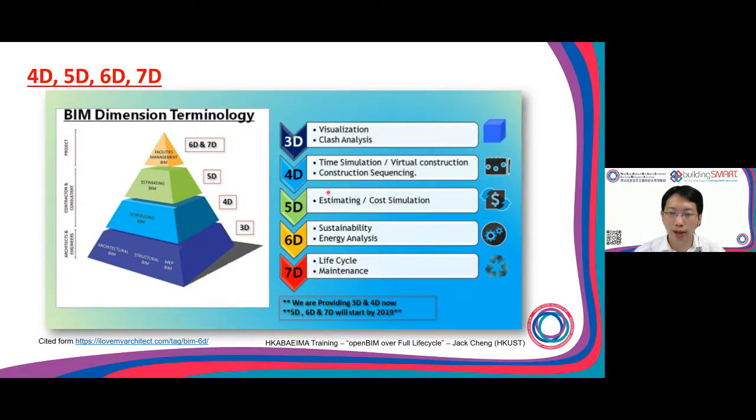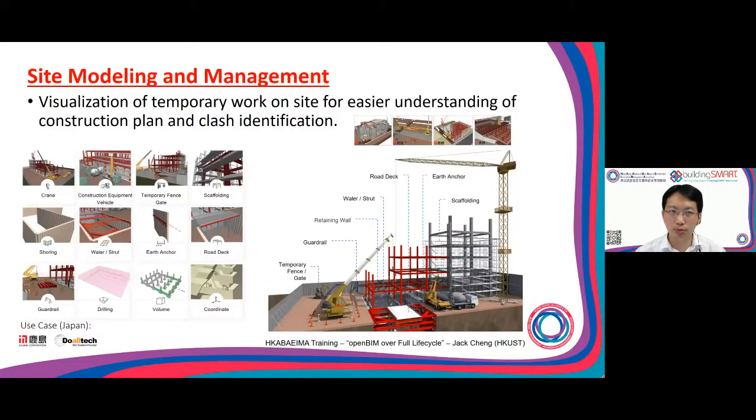Then we add cost for estimation, and then we have energy or sustainability for 6D, and then the life cycle, or sometimes it's called safety, for 7D. These are the aspects that contractors will be very aware of. So based on the 3D BIM model, we can achieve all these.